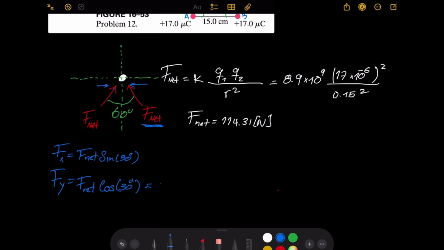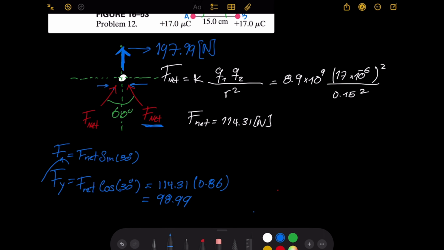That is 114.31 times 0.86, which is 98.99. This is just one component, but since we have two of them, the resulting force is going to be twice the y component, which is 197.99 newtons. So look how we figured it out just by using basic trigonometry and geometry.